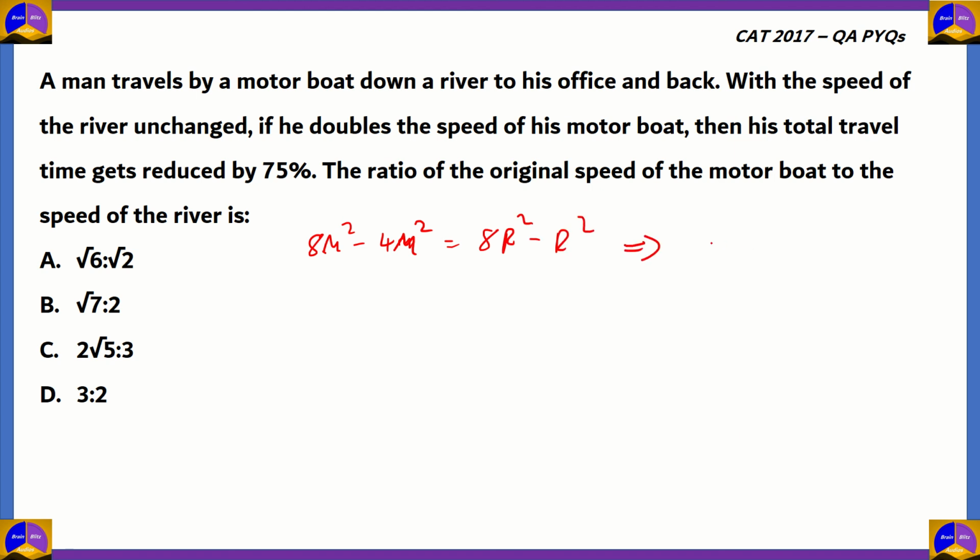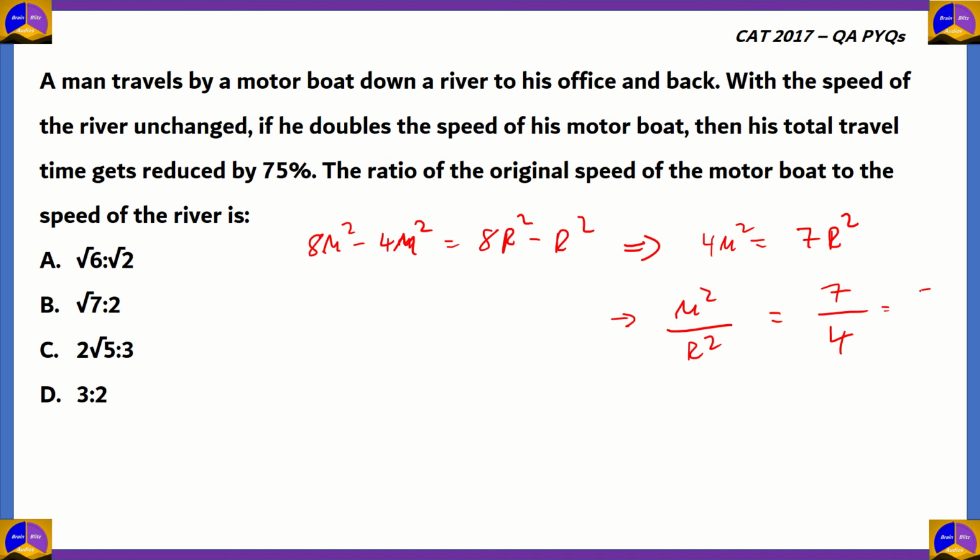So therefore, 8 minus 4 is 4, so 4m squared equals 8 minus 1, 7r squared. Now that means m squared over r squared gives you 7 over 4, transferring the terms to the right-hand sides.